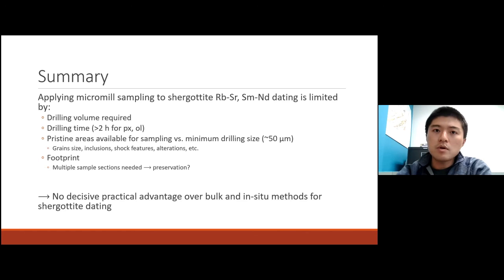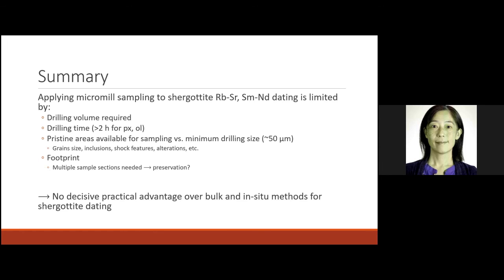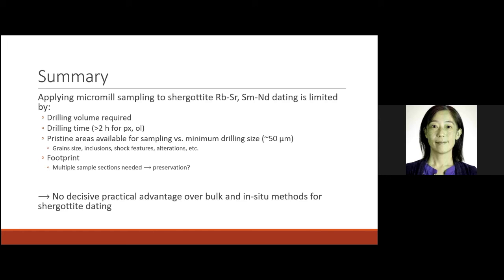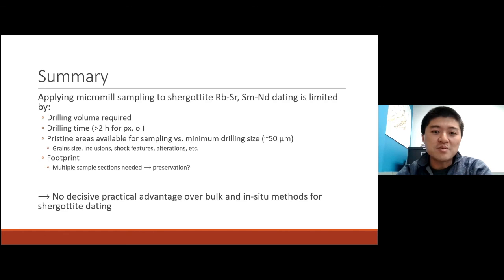That's one thing we're trying to test right now. So far I've done some drilling work for a colleague on terrestrial igneous melt pockets. But in that case we're talking about millimeter-sized or even centimeter-sized melt pockets, so we had a lot of space to work around.